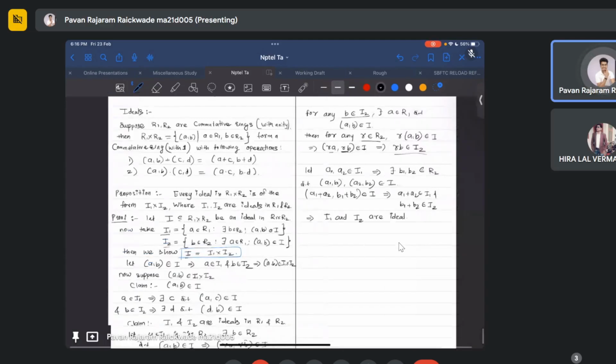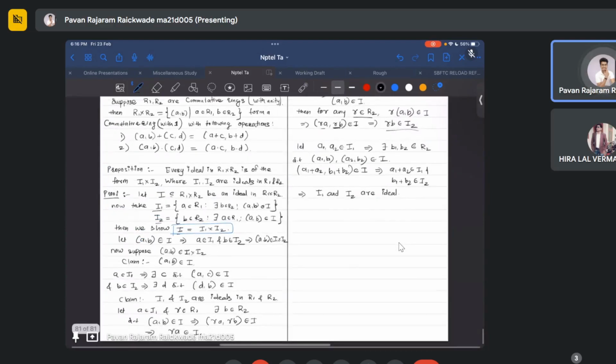Okay, so what I did is I was given an ideal I, and I have decomposed it into two ideals I1 and I2. I have shown that I is contained in I1 cross I2. So I just have to show that I1 cross I2 is also contained in I. Okay, so how to do it?